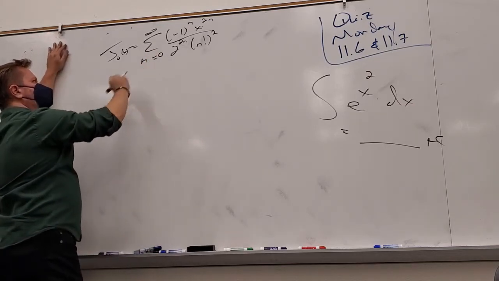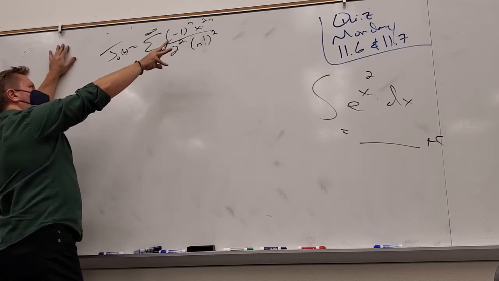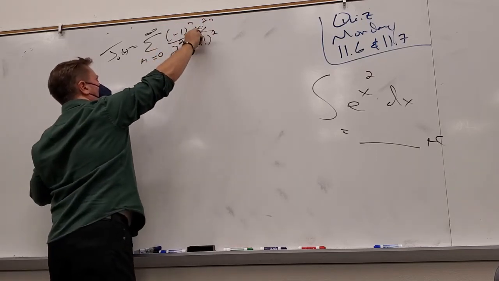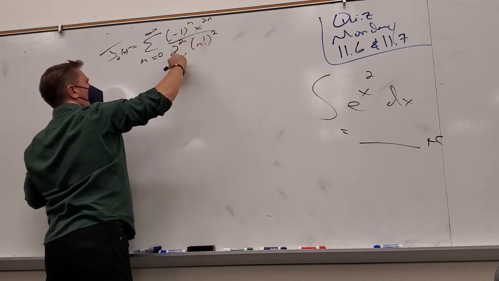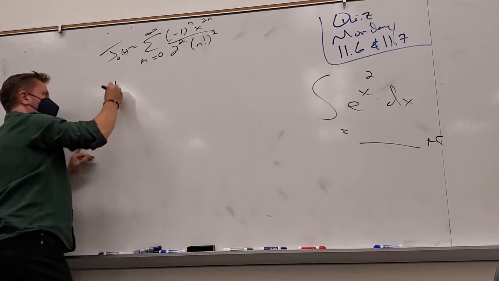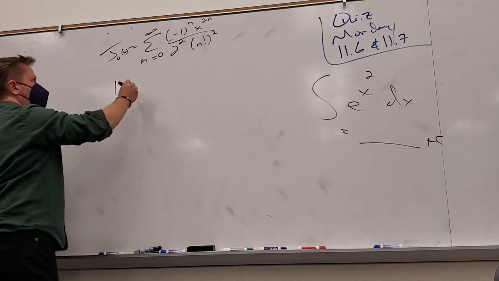So help me out. When n is 0, can somebody tell me what we get? -1 to the 0 is positive. x to the 0 is 1, right? 2 to the 0 is 1. 0 factorial is 1, so I get 1, correct? Yay, Bessel function. What do I get when n is 1?